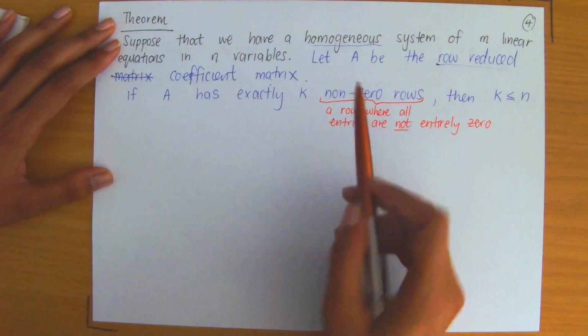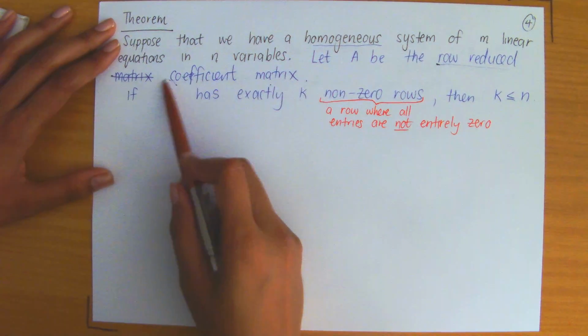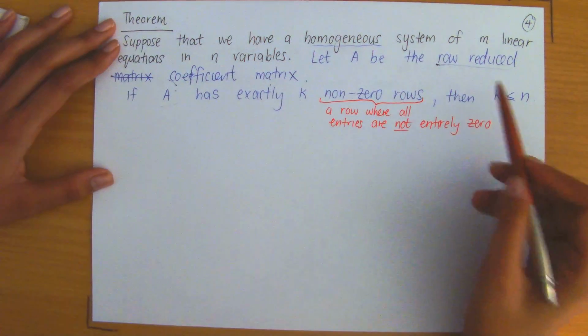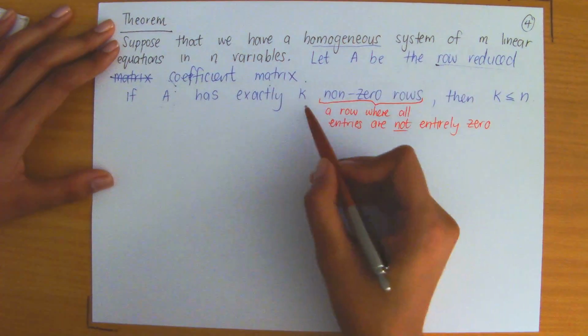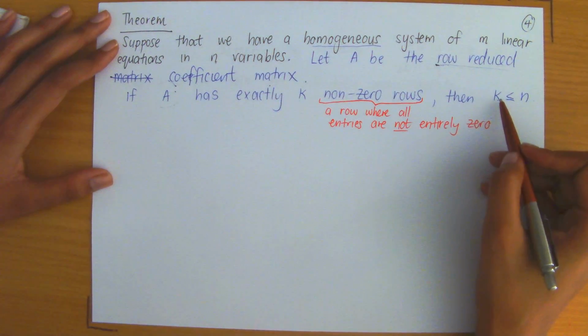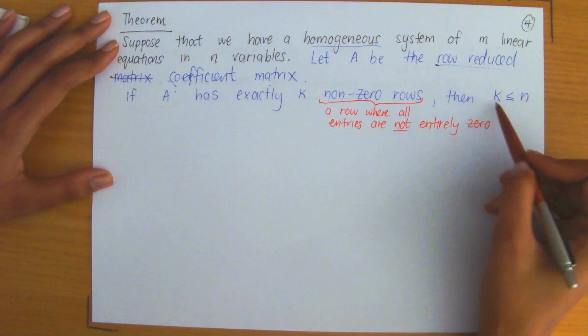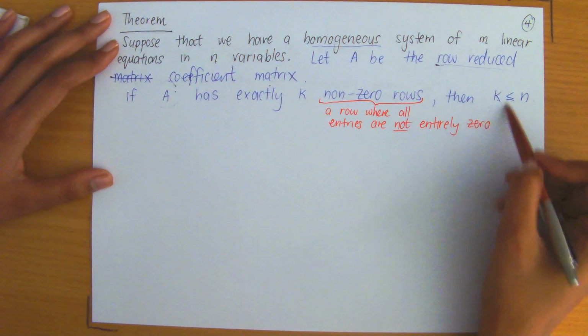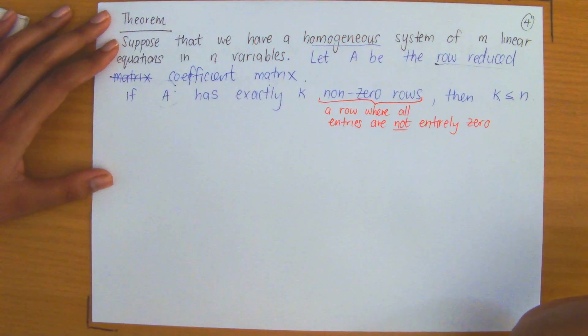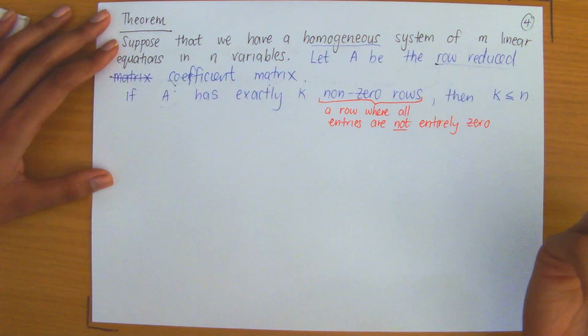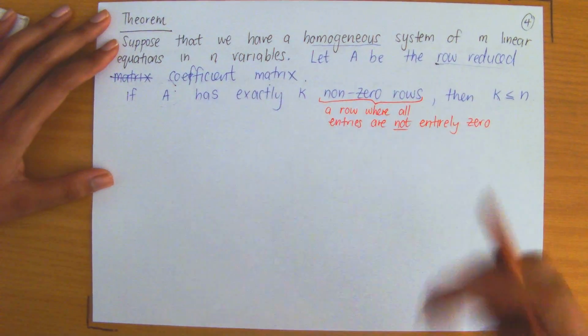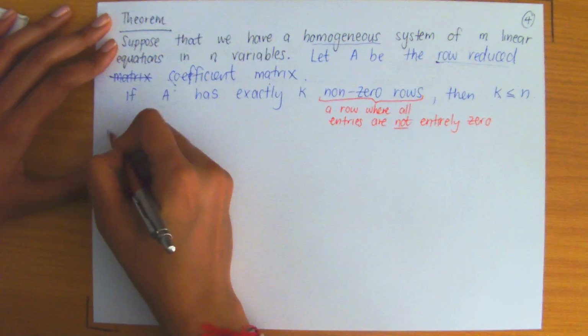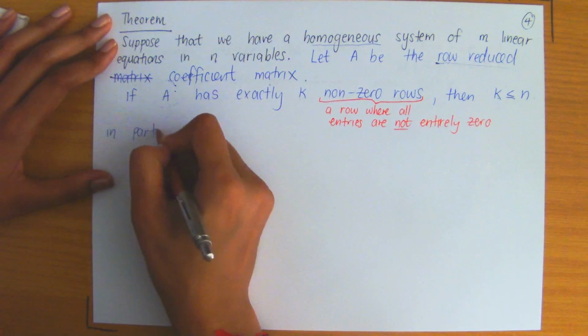Right, so if you count the number of non-zero rows in the row-reduced matrix A, you'll get some number, and we've called that number k. And it turns out that whenever you count those number of rows, that number you obtain, k, is always less than or equal to the number of variables in the system. But moreover, or in particular, we have the following.